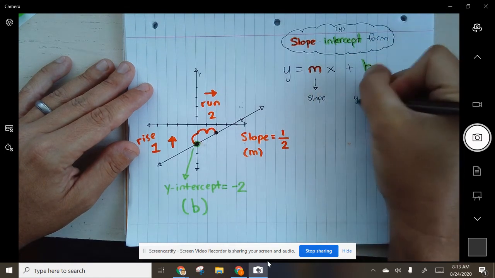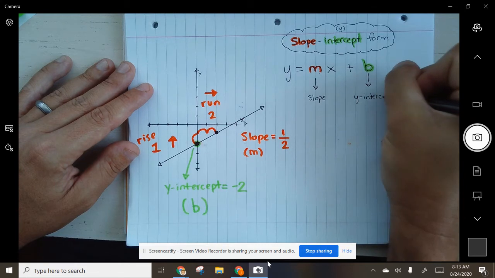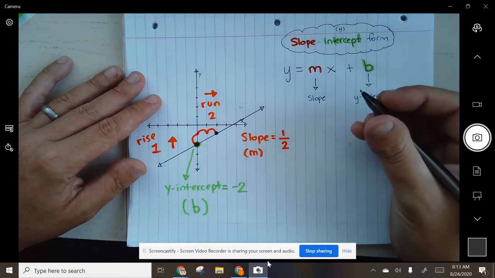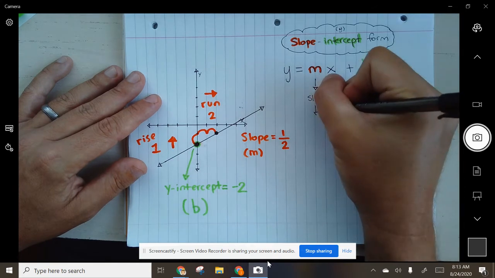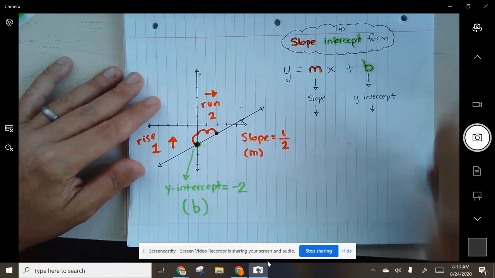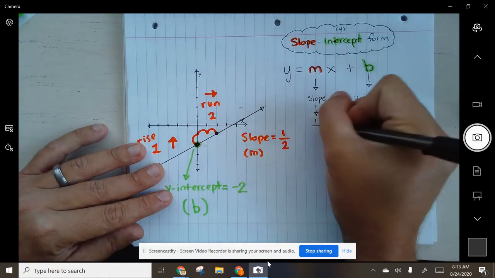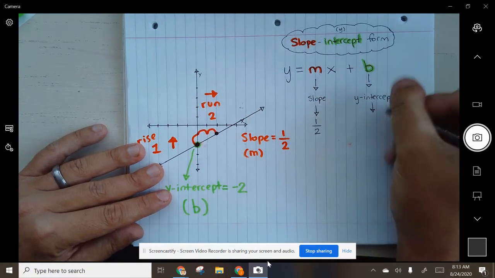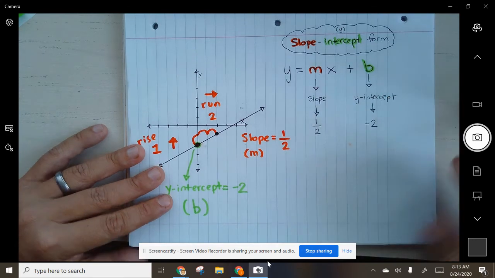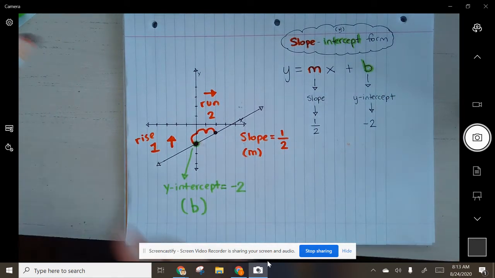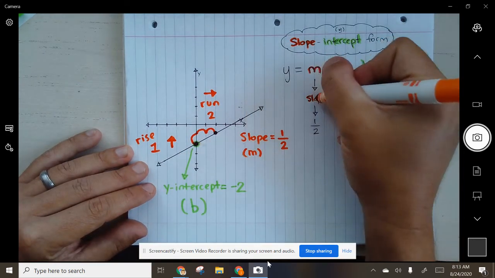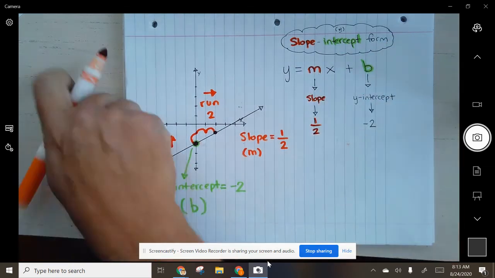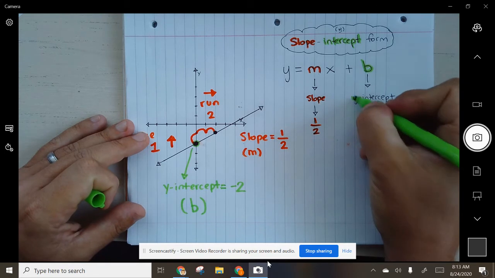We're going to call this the y-intercept so you have a better visual. We're going to keep going down here. We're going to call this 1/2 because we know that's the slope. And we're going to call this -2. All right, and I'm going to color these all in once again. Okay, just so you have an idea what's happening.